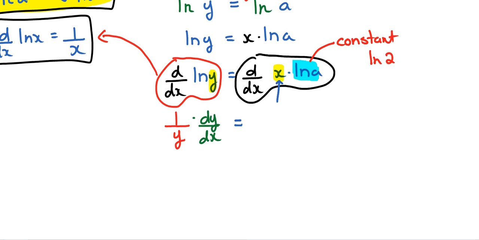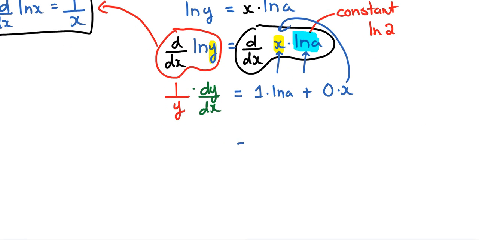The derivative of x is 1 times ln a, plus the derivative of the second term. The derivative of a constant is 0, times x, the first part. If you simplify this, it will be ln a plus 0, and then you have 1 over y times dy by dx.